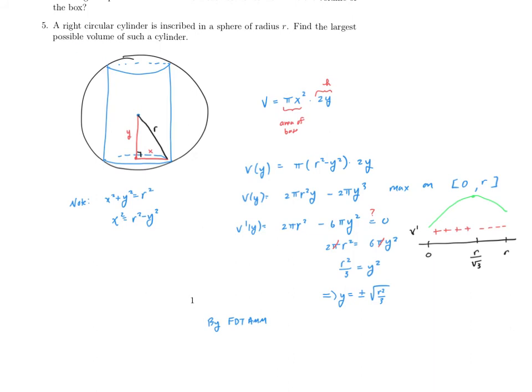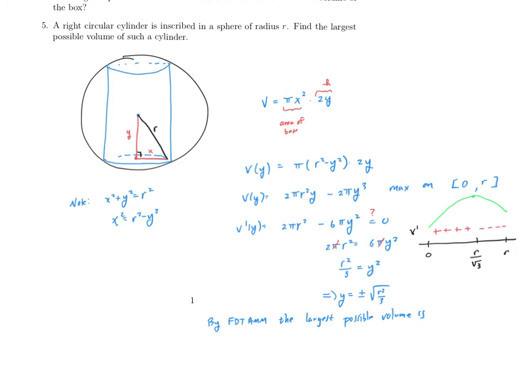So it's not necessarily what value of y is going to maximize, it's what is that maximum volume. So by the first derivative test for absolute maximums and minimums, the largest possible volume is, and we can go back to our original equation way up at the top here for the volume and just substitute in this quantity for y.